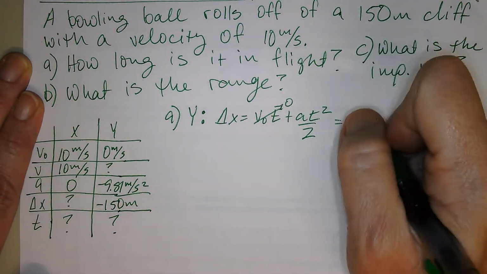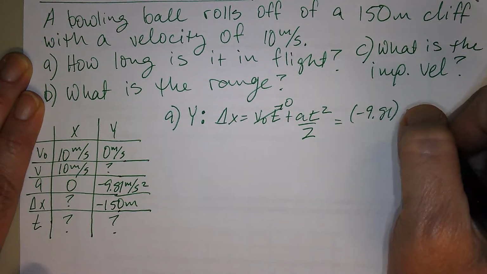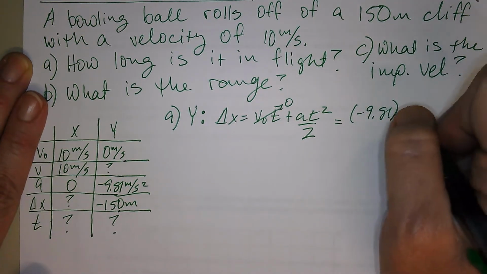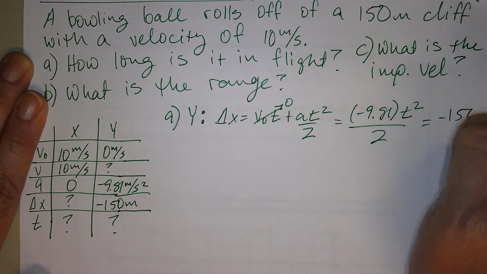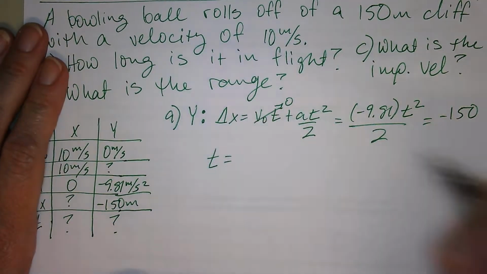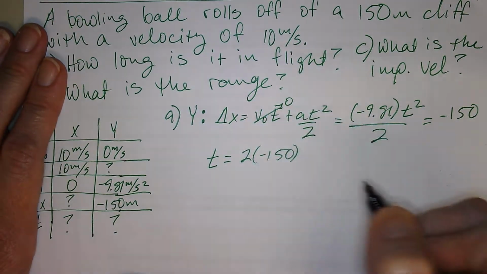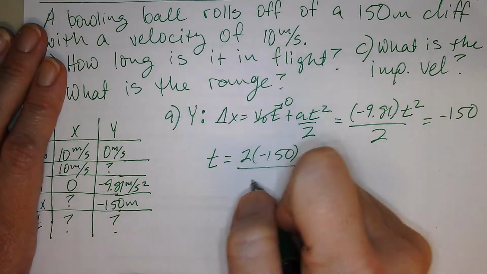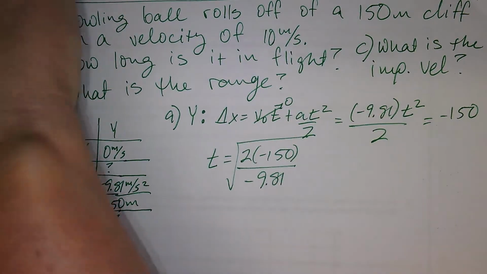So then my A is just negative 9.81, times T squared over 2, and that equals my negative 150. So rearrange, your T equals the square root of 2 times negative 150 over negative 9.81.